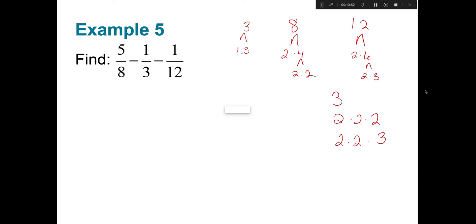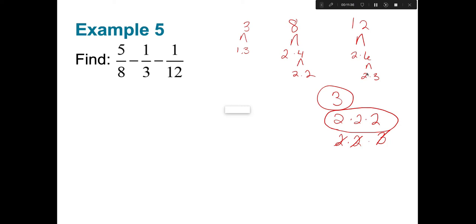Now we go back and find the one that has the most. So, threes. Each of these just has 1 three, so I circle one and I can cross out the other. This one has 3 twos. This one has fewer than 3 twos, so those don't count. What did we say 3 times 2 times 2 times 2 was? We had this one earlier. 24. Is 24 a multiple of 12? It absolutely is. So we're using 24 as our common denominator.